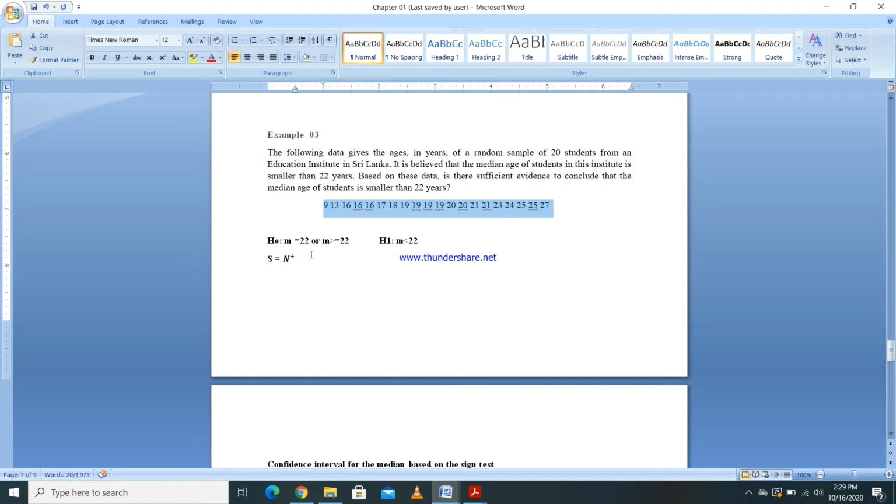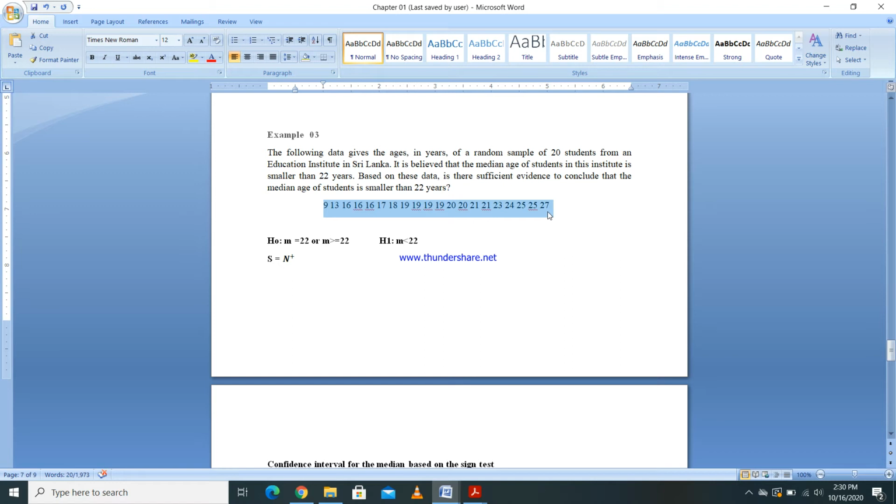If you take the first observation, 9 minus 22, you get a negative difference. To get a positive difference, you need a value which is higher than 22. So the number of positive differences means, in other words, the number of observations which are greater than 22. If you look at the values which are greater than 22, you have 1, 2, 3, 4, 5 values.